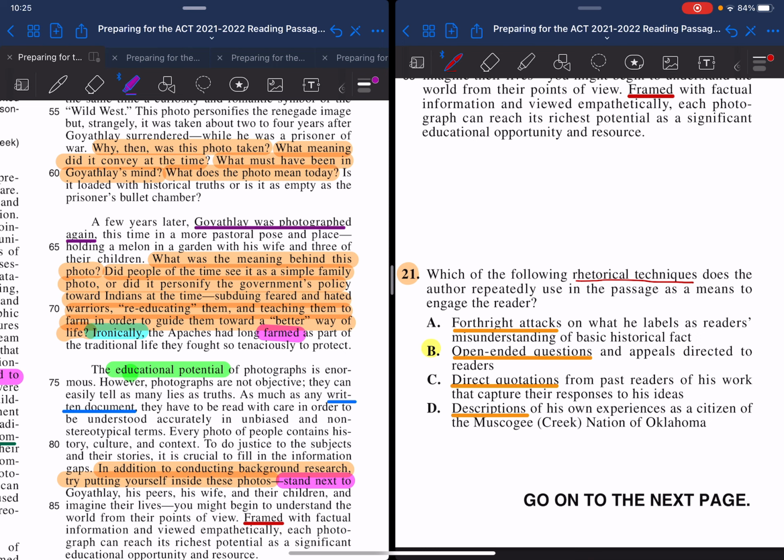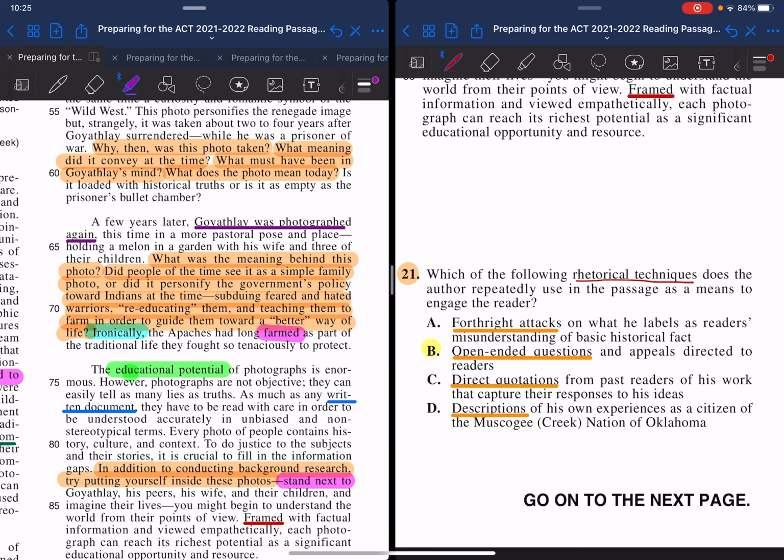Number 22. It can most reasonably be inferred that the author's statements about educational use of photographs apply to photographs taken during what time period? Now notice that I highlighted the phrase educational use. The word photographs shows up quite a lot here, but in these reading passages, oftentimes an adjective or a certain phrase only shows up once.